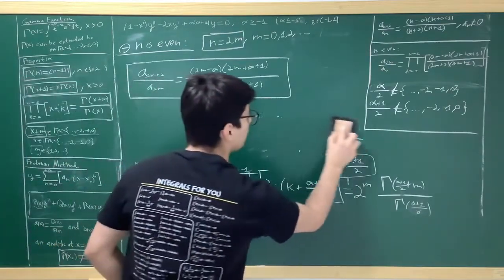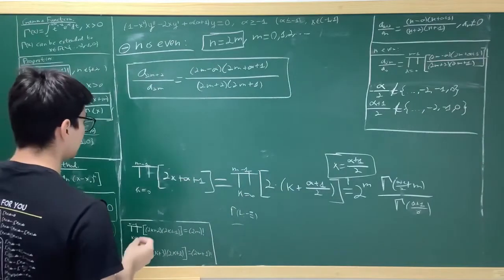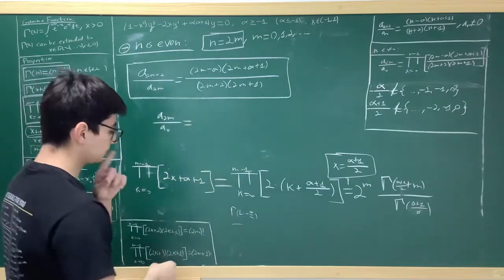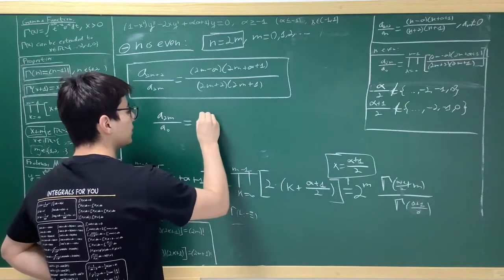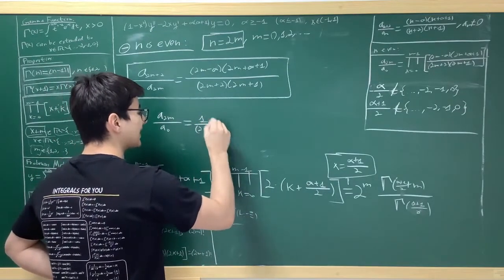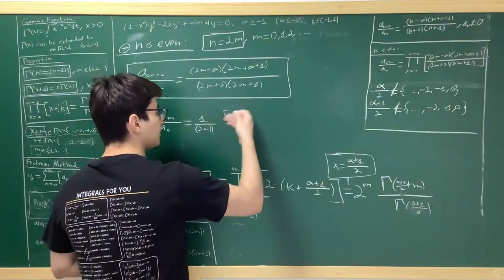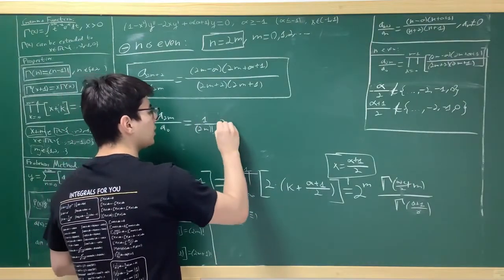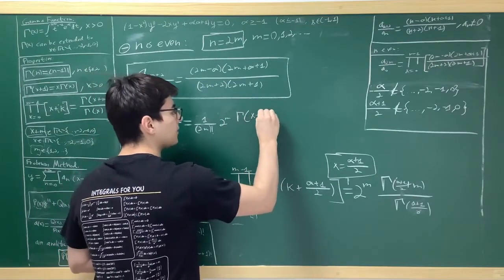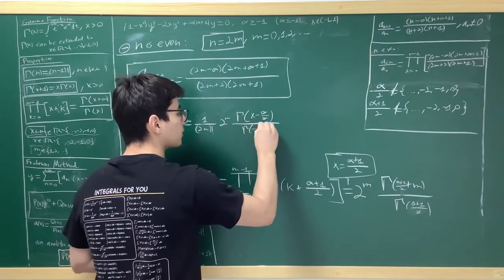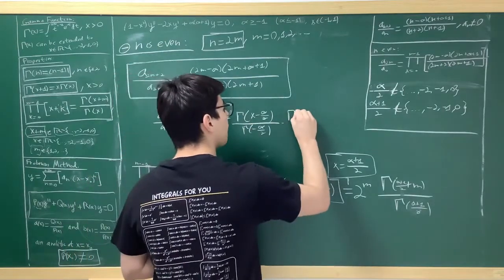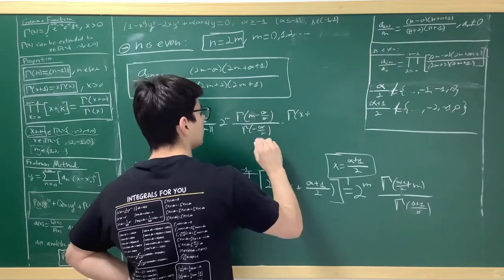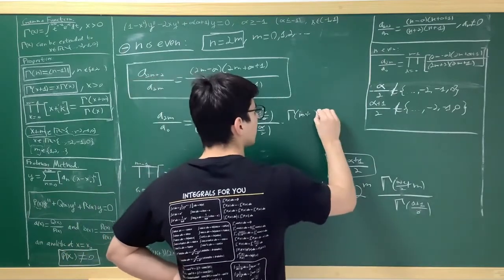So what we get finally is that a 2m over a naught is just 1 over 2n factorial, times the first one, which was this, x minus alpha over 2, times gamma of x plus, this is m, sorry, not x, m of n plus alpha plus 1 over 2.